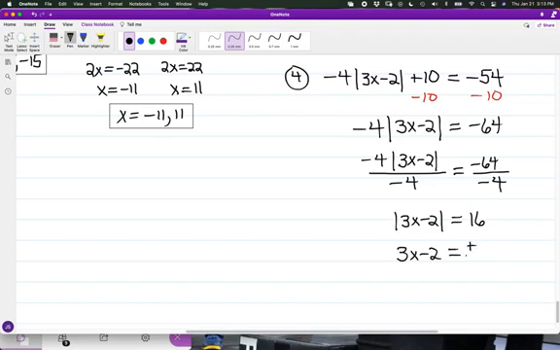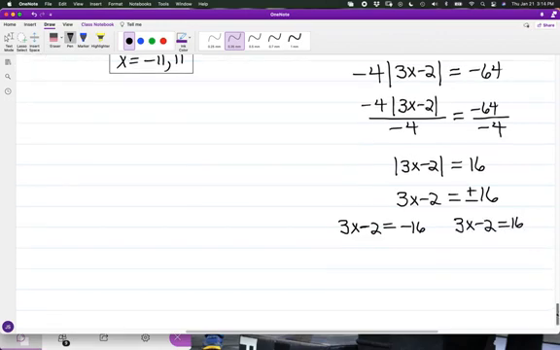And so those numbers are positive and negative 16. So in setting 3x minus 2 to negative 16 as well as 16, we're going to have in the setup, adding 2 throughout, on both sides of both equations.